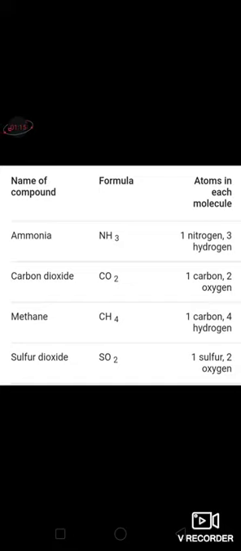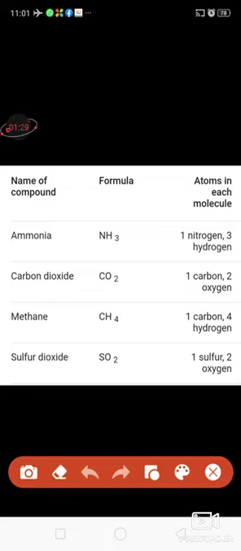See here, the name of the compound is given. Ammonia, its chemical formula is NH3. N means nitrogen, already we have learned chemical symbols, and H means hydrogen.